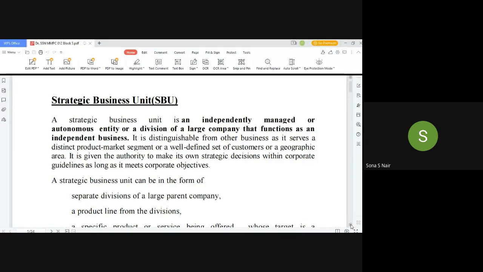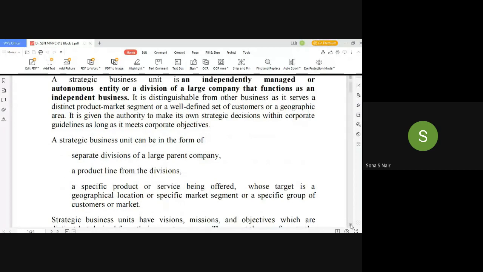This strategic business unit could be a department, could be a firm, part of a company, could be a product line, could be anything, any division of the business which has been given the authority to take its own strategic decisions. But obviously, these decisions will be in line with the organization's decisions, and should be in a position to meet the objectives of the corporate, the parent company or the parent department or whatever you say.